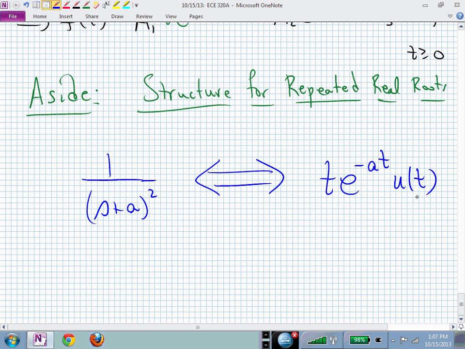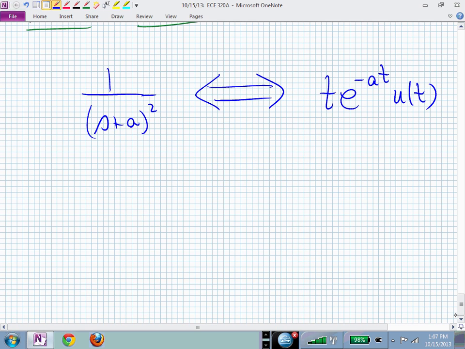And we're dealing with one-sided Laplace, so we're just going to switch that on with the unit step, the u of t. That means that's true for t greater than or equal to 0. That's what that's meaning. What if I now had, so now it gets a little bit more interesting.